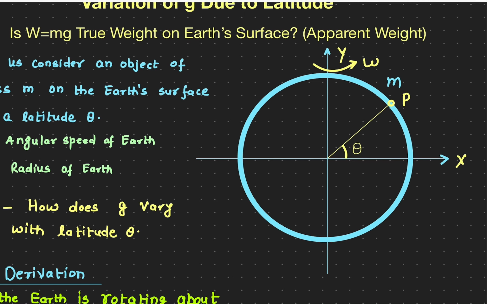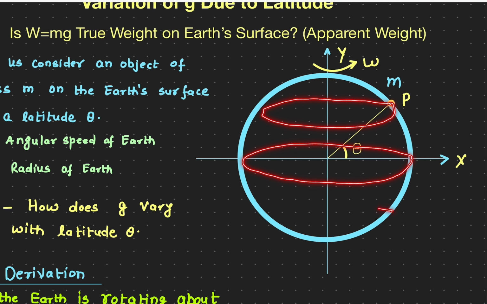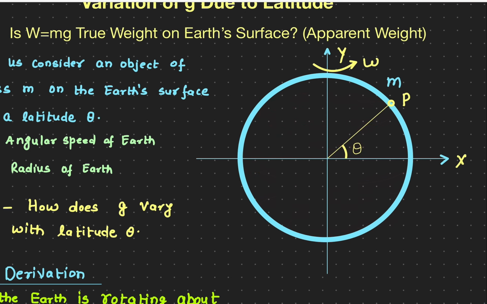As the Earth is spinning about its axis, each point on the Earth moves in a different circle. For example, the point P here moves in this circle. The point on the equator moves in the largest possible circle. Here at this point it moves in this circle. So each point moves in a different circle.